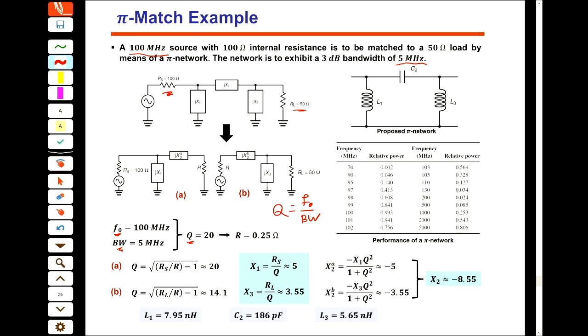And we know that the Q factor, in this down conversion circuit, equals the square root of the maximum of RL and RS divided by R, minus 1.